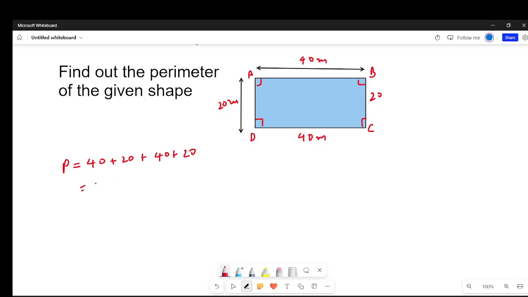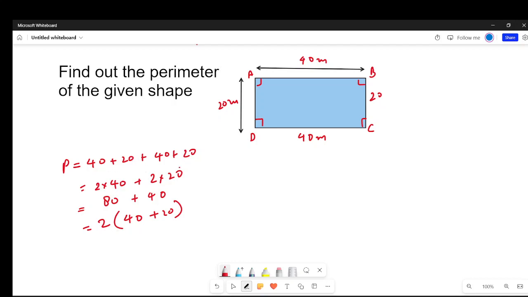There are 2 times 40 plus 2 times 20. 2 fours are 8, 80, plus 2 twos are 4, 40. But we can write it in another way. If we take 40 plus 20 common, why do we write it here?